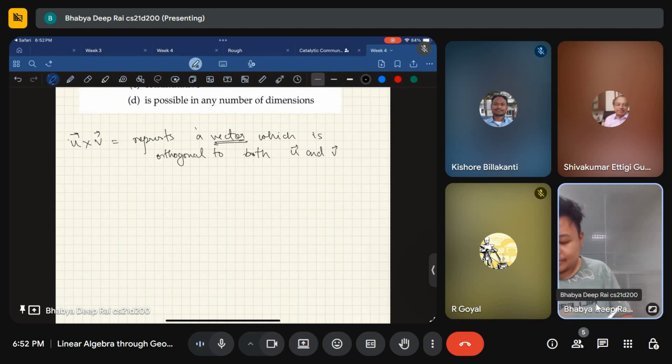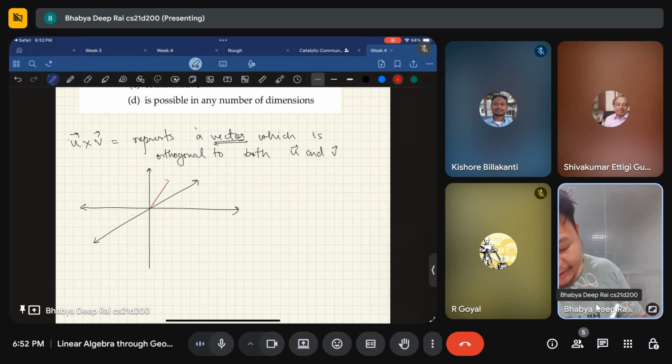Okay, so now what does that even mean? If you have, in 3 dimensions, one vector here, let's say, and another vector here. I want a vector which is perpendicular to both of these.